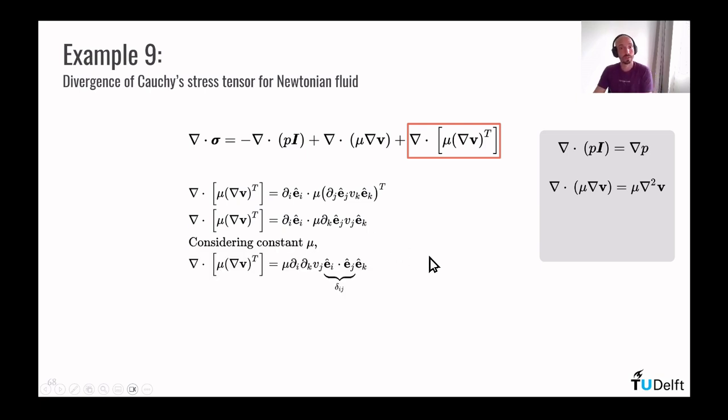Now let's do the same drill as before. We perform the contraction between e hat i and e hat j, and we end up with this expression here. You see now the derivatives do not have the same subindex anymore, so it's not Laplacian anymore. We have subindex i here, we have subindex k here.